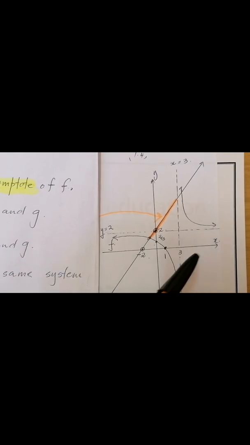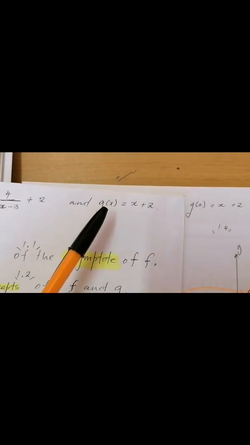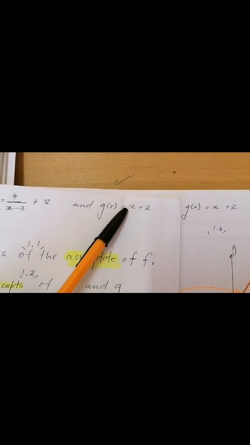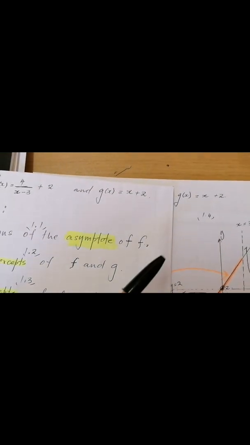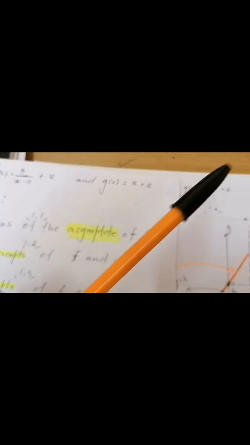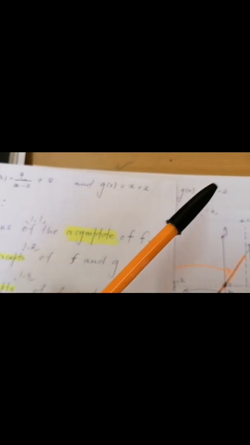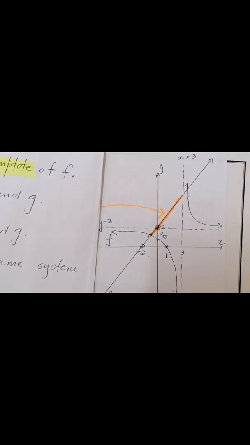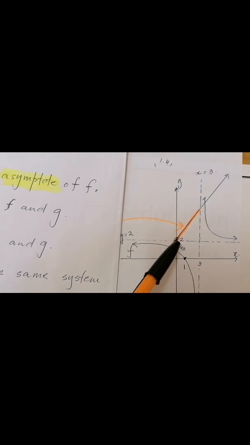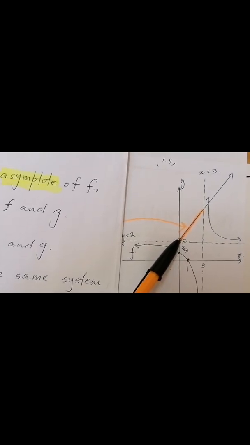Please, never forget. The second function is g, and g is the straight line. The gradient is positive, meaning that the graph is expected to increase. Let's go to the graph. It is an increasing function. The x-intercept was -2, the y-intercept was 2.